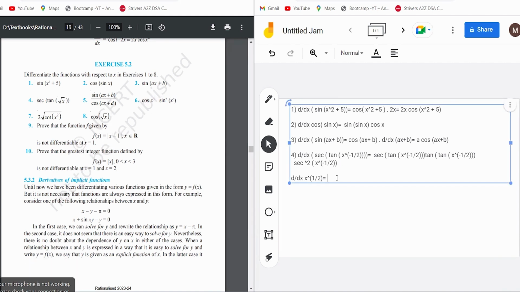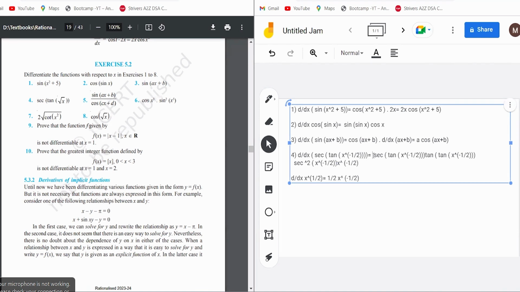So it would be half x power n minus 1, which is half minus 1, which is minus half. This would be differentiation of root x. So just multiply this here. To make it clear, I'm just taking half outside.